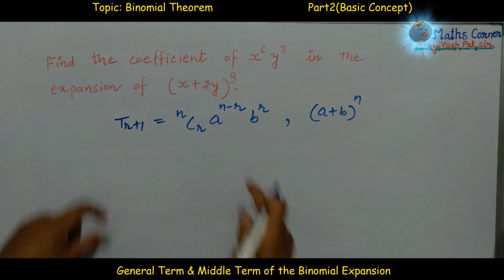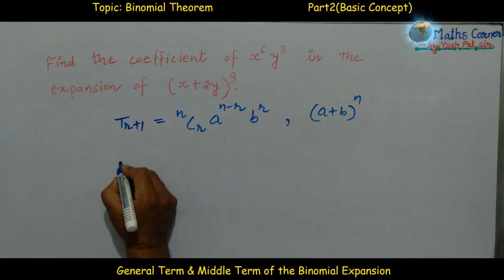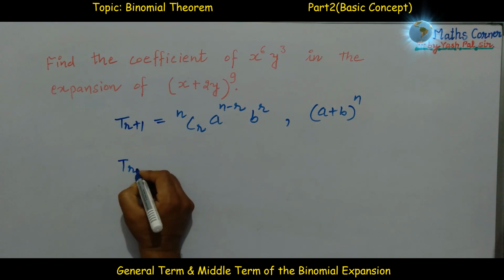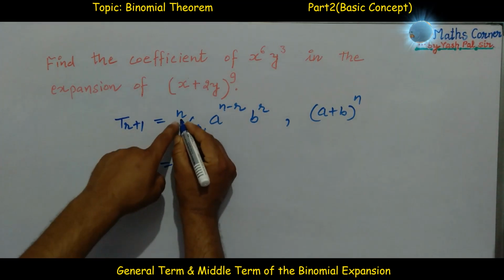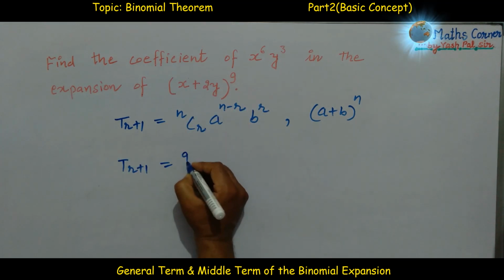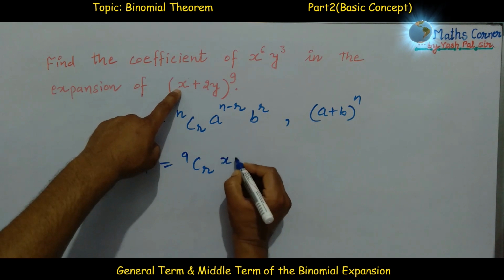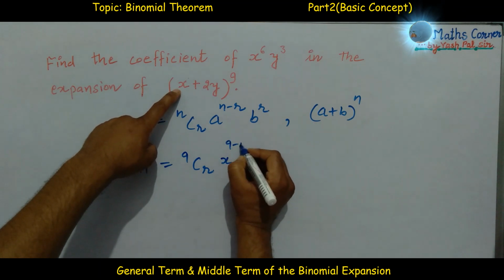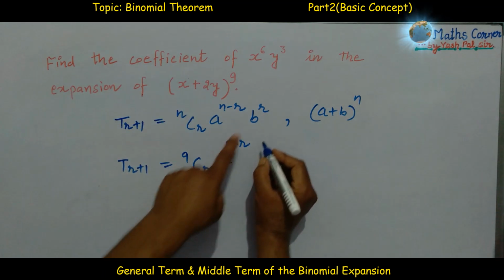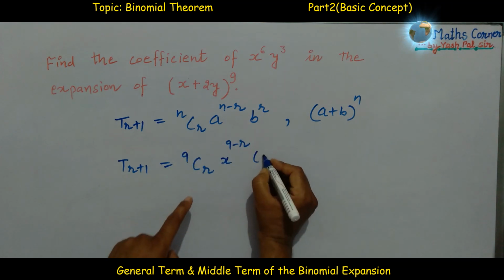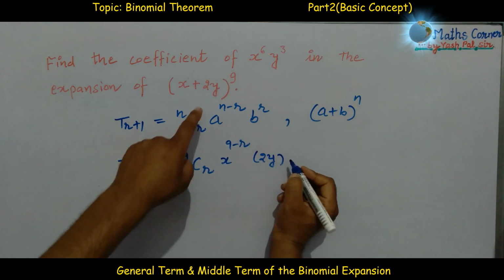First of all, we write t(r+1) is equal to 9Cr, a is x raised to power 9 minus r, and b is (2y) whole raised to power r.